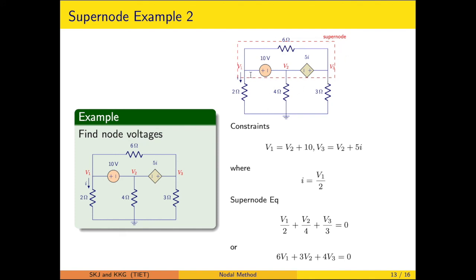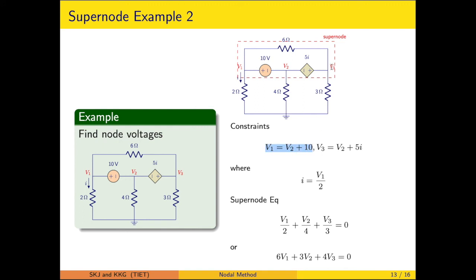Ultimately you will be dealing with only one KCL equation, that is V1 upon 2 plus V2 upon 4 plus V3 upon 3 is equal to 0. However, to solve it you have the constraint relationships. V1 is equal to V2 plus 10 volt, that is one relationship.